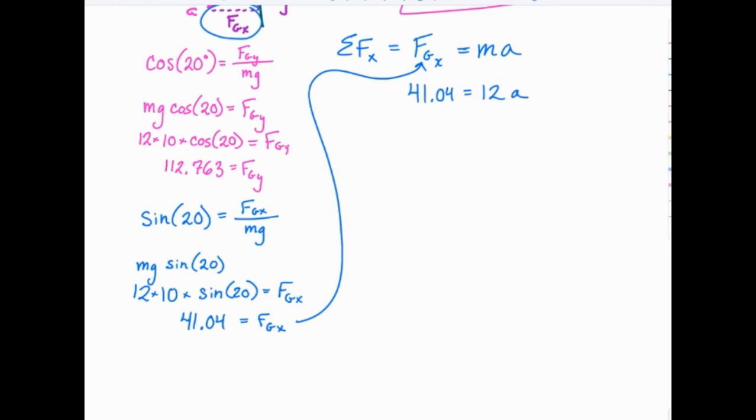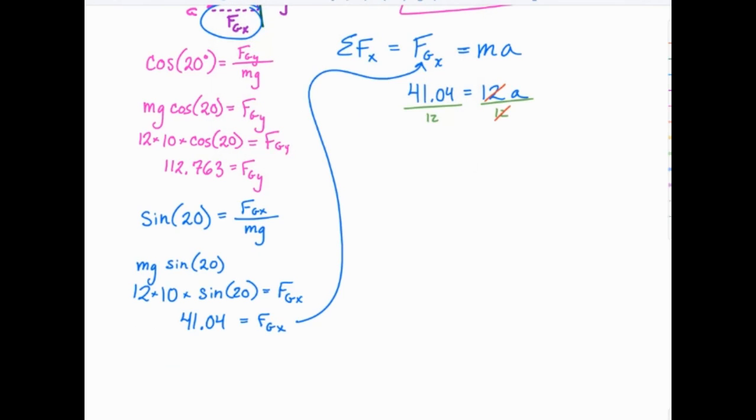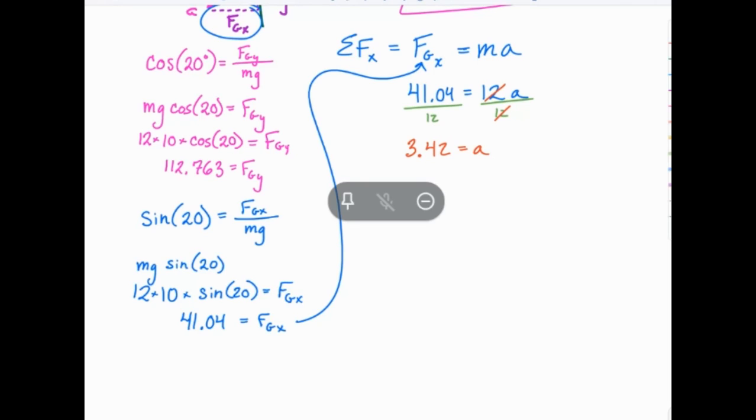My acceleration is what I'm solving for. So I'm going to divide both sides by 12. The 12s will cancel out. And I'll end up with 3.42 is my acceleration. And so that'll be 3.42 meters per second squared. And so this is going to be the acceleration at the top.